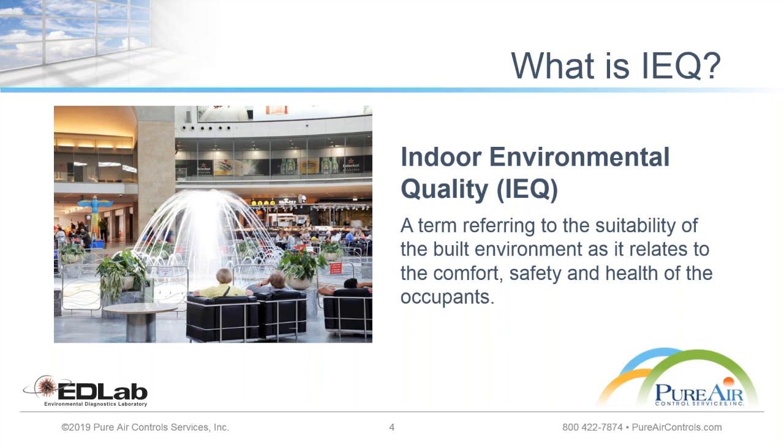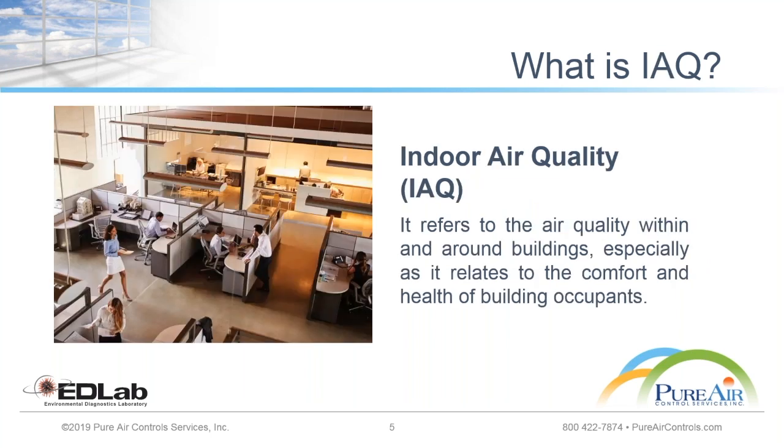But when we look at indoor air quality, Doc, right, we're just looking at what the air quality is like within the built environment. Yes, it can be understood in a very good way: indoor environmental quality refers to all kinds of conditions prevailing in and around a building.